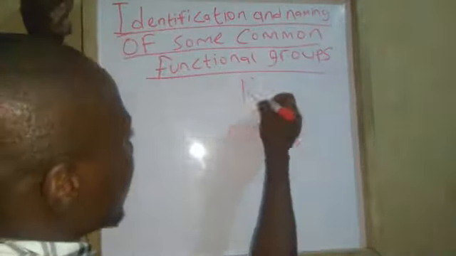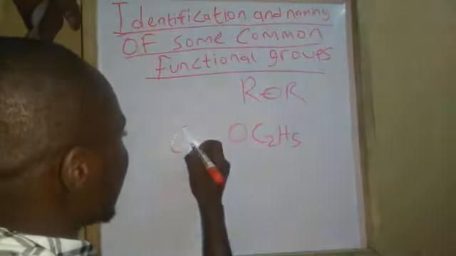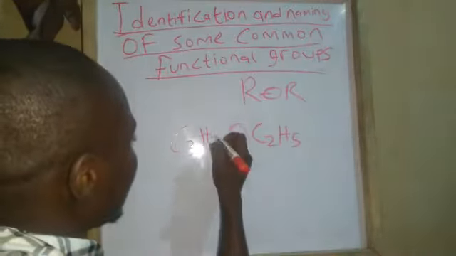This is an alkyl, so we will put propyl here. Propane is C3H8, am I right? So propyl will be C3H7. It's telling us that the hydrogen that is supposed to be complete here has been replaced by this alkoxy part. It's as if this is a part on its own that removed the hydrogen from here.